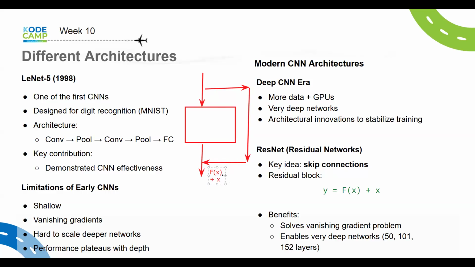So effectively, what you're doing is you are taking the signal coming out from this block, which is f of x, and then you're adding it to the original signal. That is residual block.